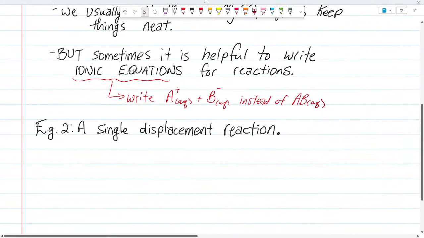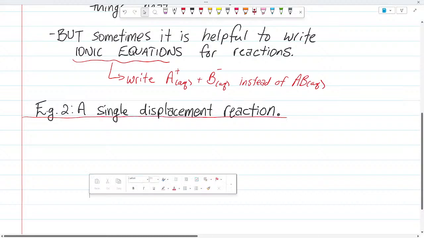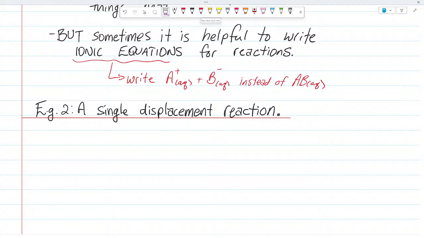Oh my goodness, I am so sorry. So we had magnesium sulfate up above. Let's react that with something above it on the reactivity series, and let's take sodium. So let's have sodium, and let's react it with magnesium sulfate.